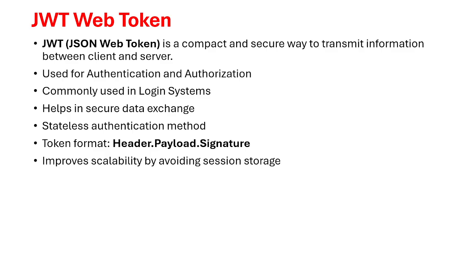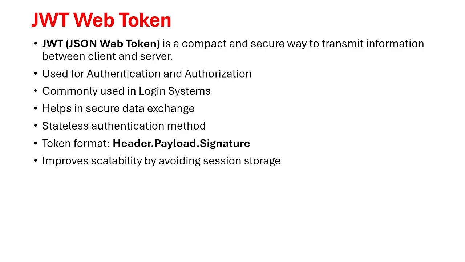Whenever you want to give a request to generate a token, the server will generate a token based on the username as well as the password by applying a key.